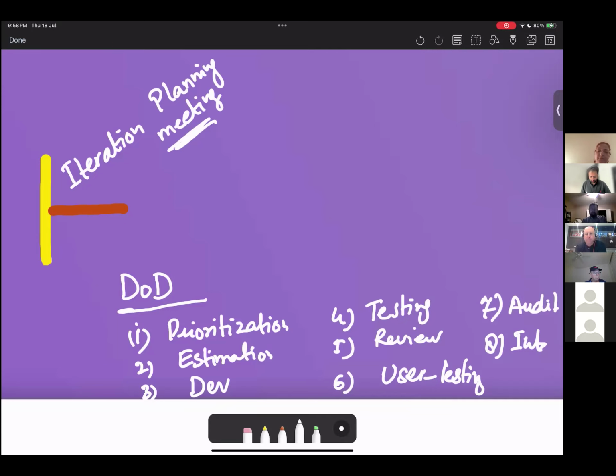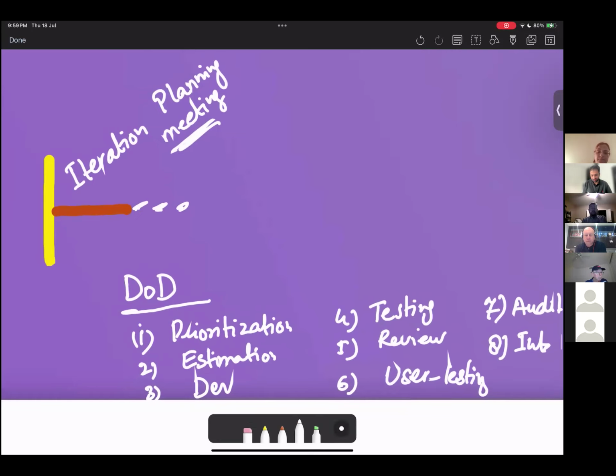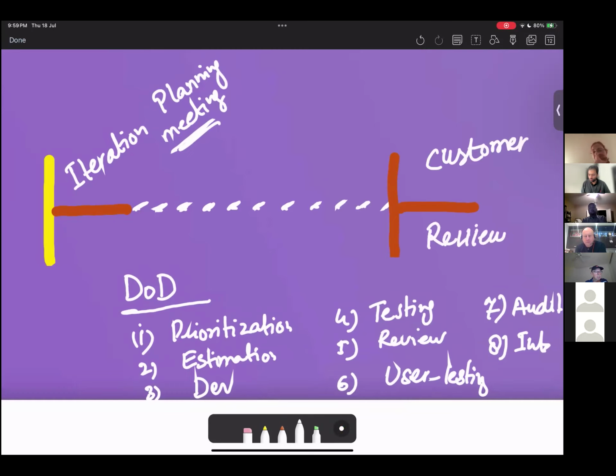And then we conduct daily stand-ups. We do the work and we review on a daily basis. And then we have the iteration review meeting, where you present your work to the customer. Before you present your work to the customer in iteration review, you make sure that you have met the definition of done.